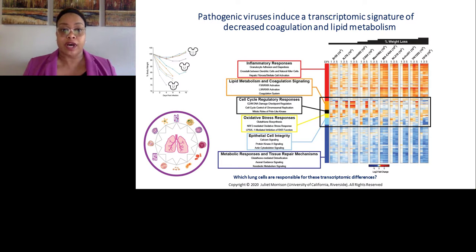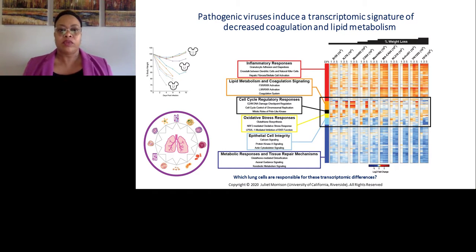And instead, we saw an upregulation of certain lipid metabolism and coagulation genes in the mice that developed mild disease and survived. This we have highlighted here in the black box.